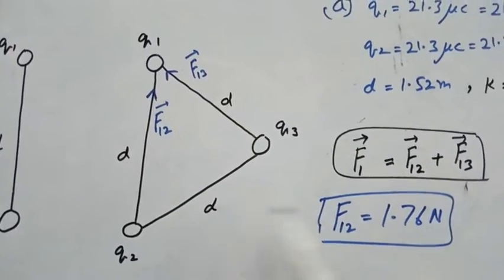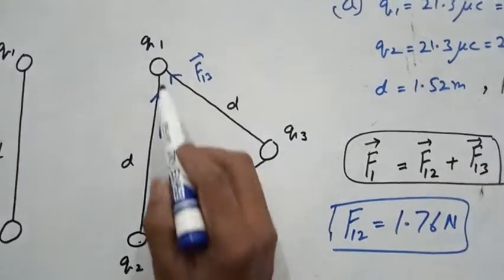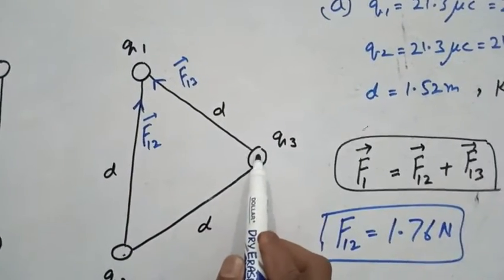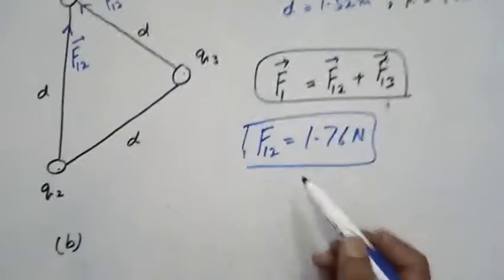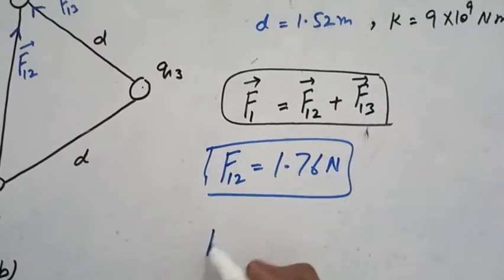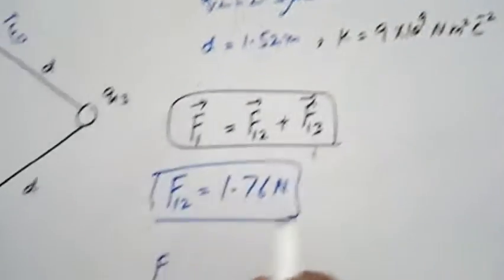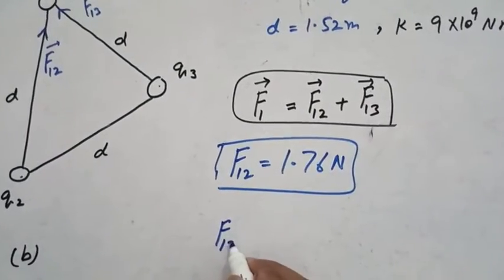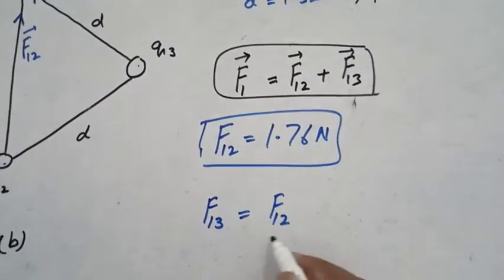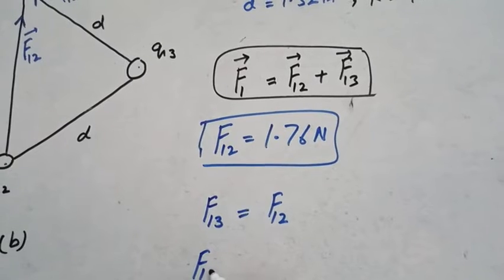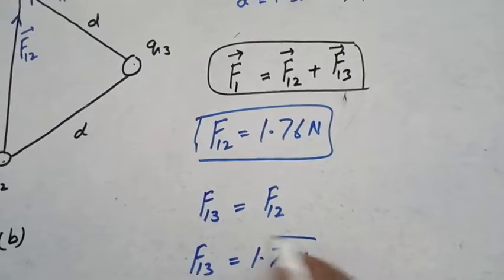So the force exerted by charge Q2 on Q1 is the same as the force exerted by charge Q3 on charge Q1. So I can write, from the symmetry of this diagram and numerical values, that the force exerted on charge 1 by charge 3 is equal to the force exerted on charge 1 by charge 2. The numerical value of force F13 is equal to 1.76 newtons.